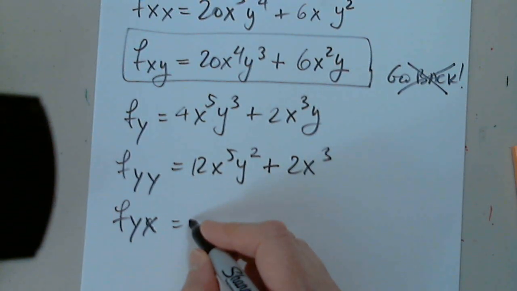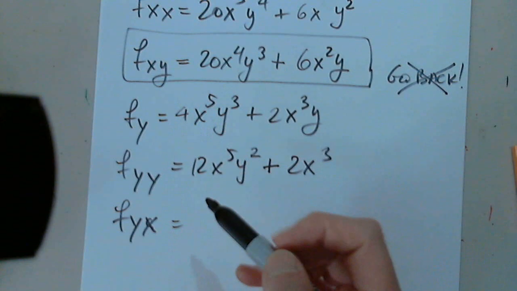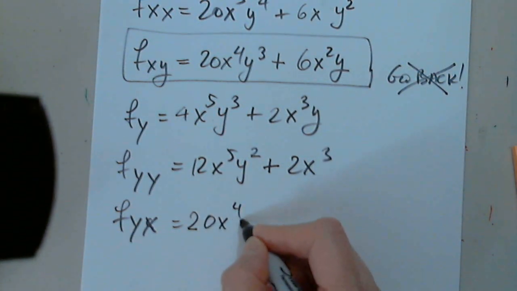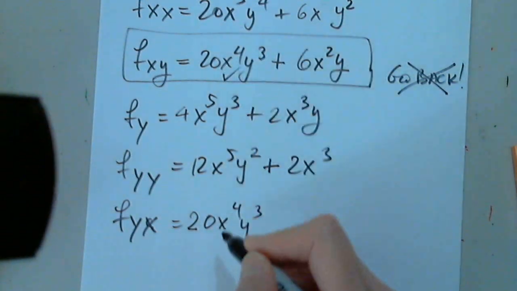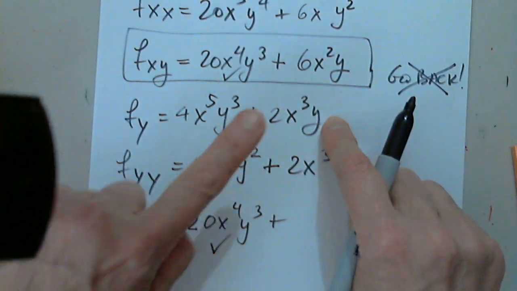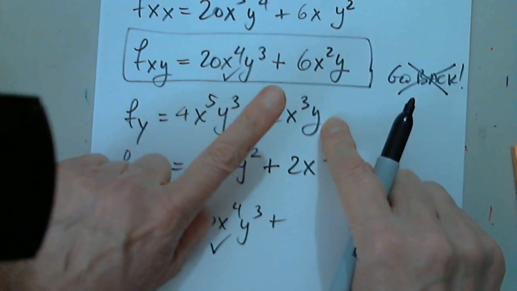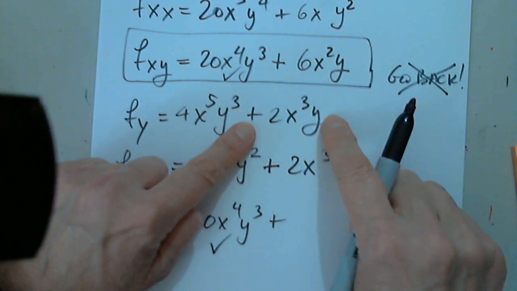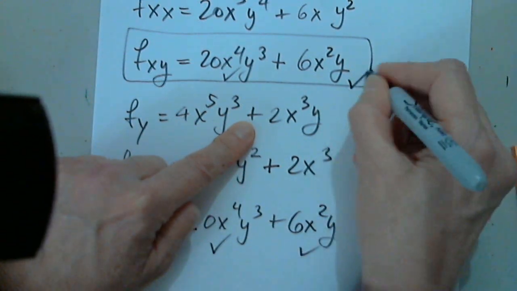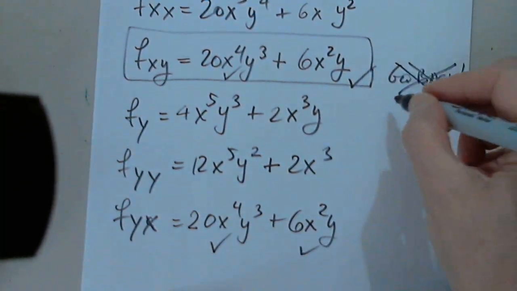Is it 20x⁴y³? Plus, can anyone differentiate this with respect to x? 2 and y are fixed. 6x²y. No need to go back.